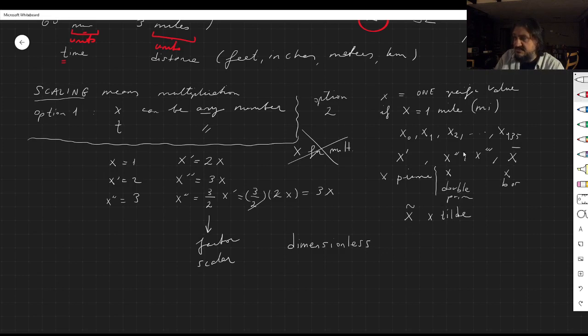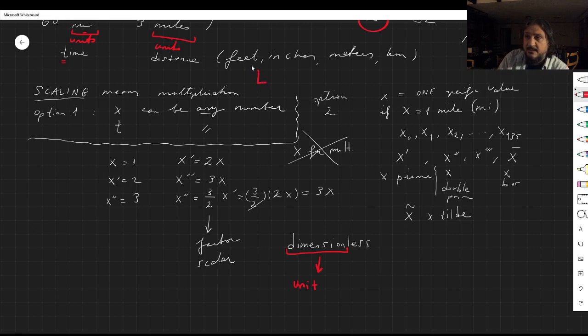The word dimension here is related to the unit that I was telling you earlier. Feet, inches, meters, kilometers. These are all describing a spatial quantity. They all have the same dimension. They may have different units, but the same dimension. It's pretty much length. Okay, so we're going to call it L.